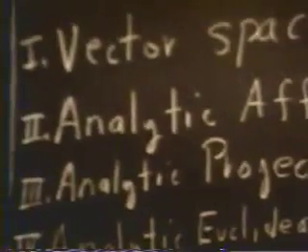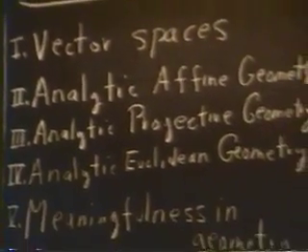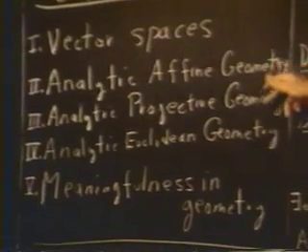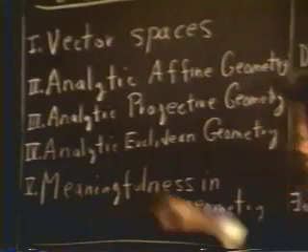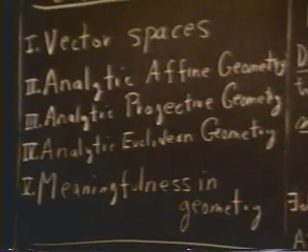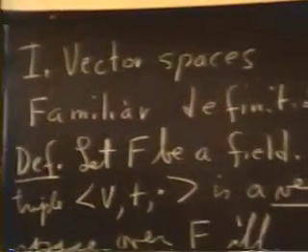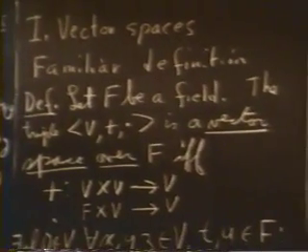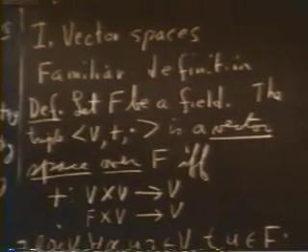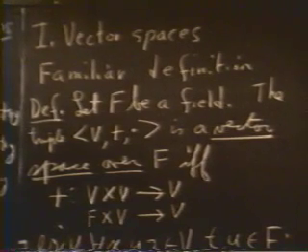We'll begin with vector spaces, then discuss analytic affine geometry, then analytic projective geometry, then analytic Euclidean geometry, and, if time permits, a short discussion of the topic of meaningfulness in geometry. So let's now turn to the first topic of vector spaces. The concept of a vector space will be familiar to many of you, and what we want to do in this first part of the lecture is to review those familiar facts.